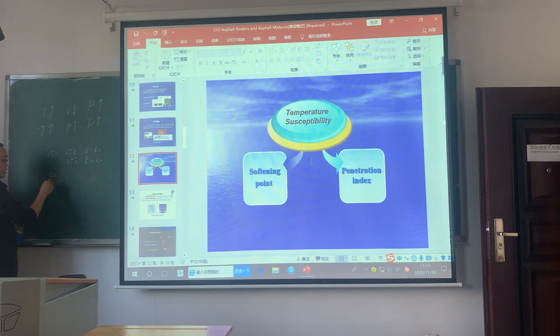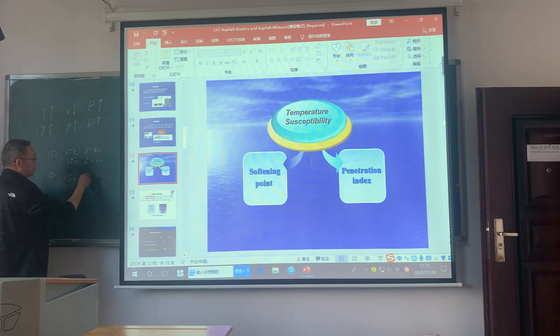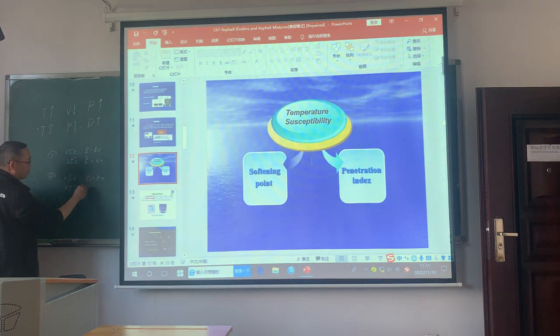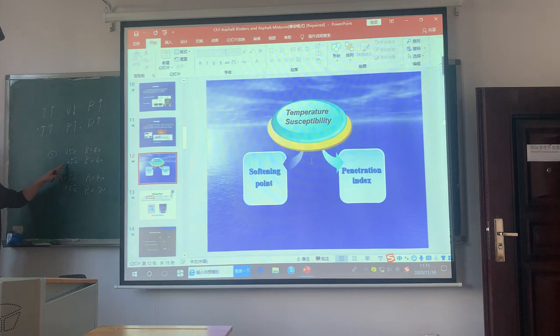The second asphalt is the same at 15, but at 25 it is different. Which one is good?